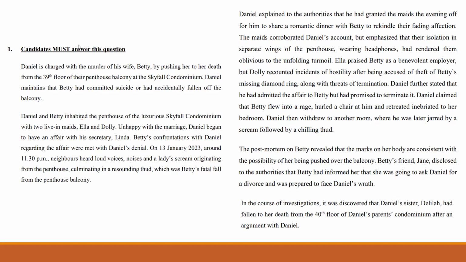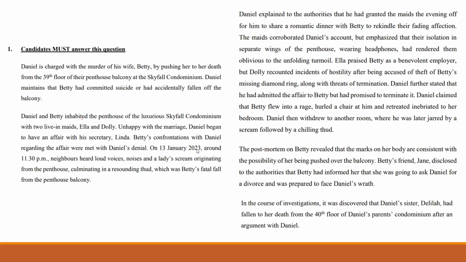So Daniel and Betty inhabited the penthouse of the luxurious Skyfall condominium with two maids, Ella and Dolly. Unhappy with the marriage, Daniel began to have an affair with his secretary, Linda. So Betty's confrontation with Daniel regarding the affair were met with Daniel's denial. Of course, denial. So they fight.